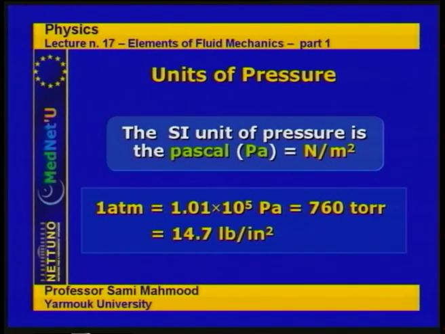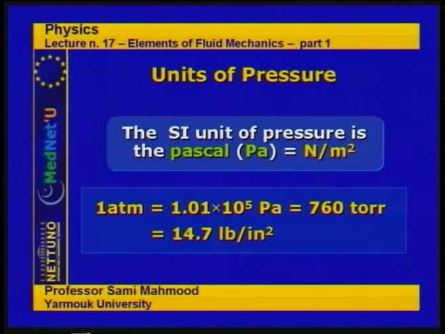What is the atmosphere? It is almost the atmospheric pressure at sea level, and in terms of the international system of units, it's equal to 1.01 times 10 to the 5 pascals.